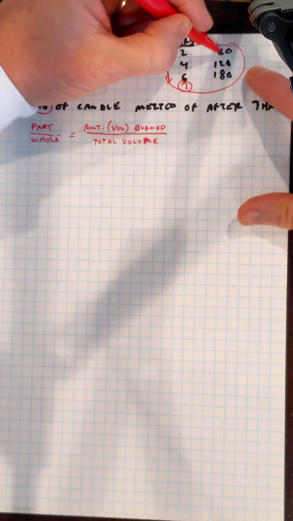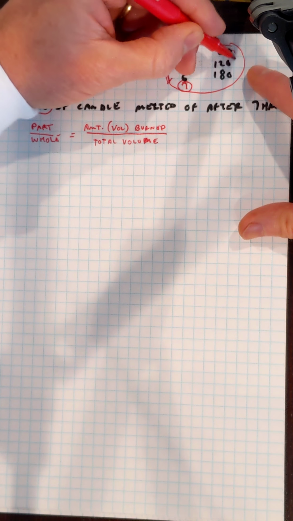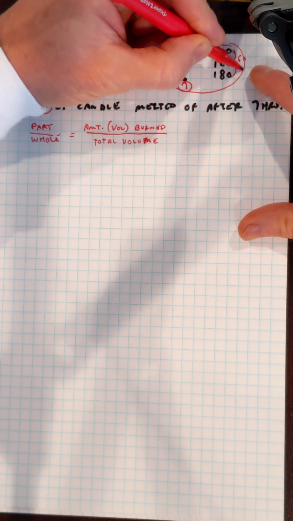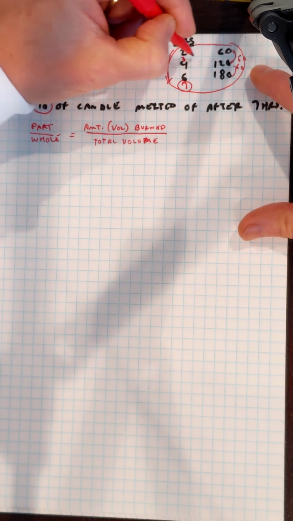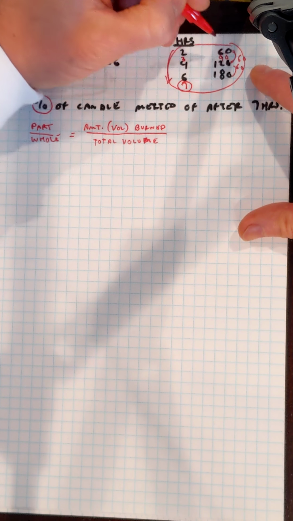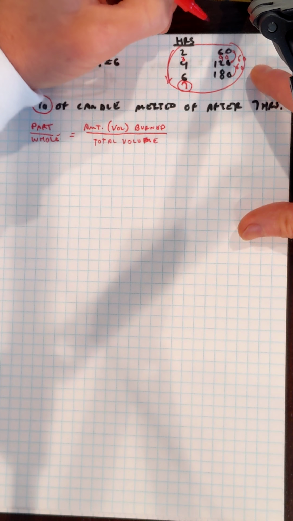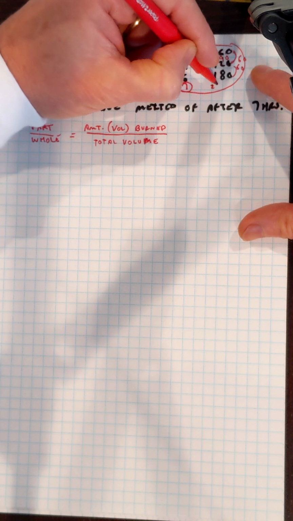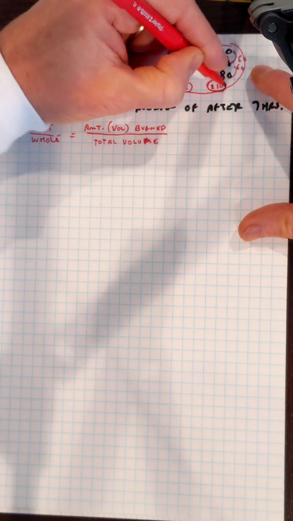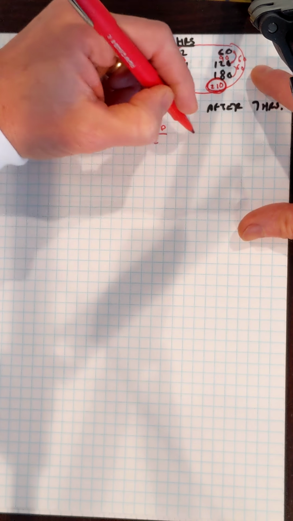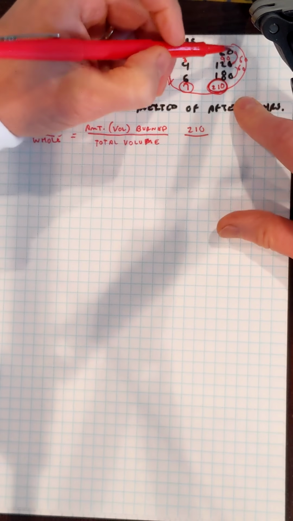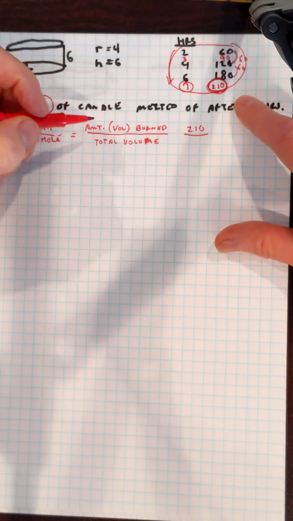So if you look at the pattern, it's going up by 60s. 60 here, 60 here. That means if this was 3 here, that would be 90 because it has to go up by 30 each hour, which means at 7 it's got to be 30 more. So 210 is the number not in the table, but that's the number we need. So 210 is at the top. That's because this table is the volume that they're asked for.